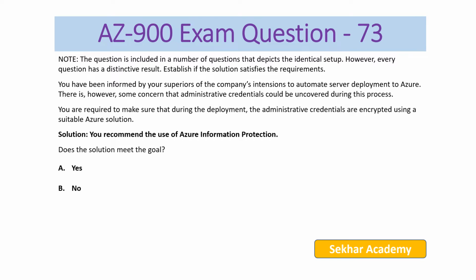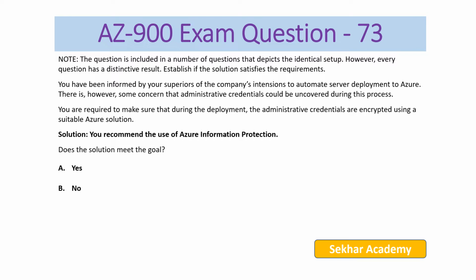There is, however, some concern that administrative credentials could be uncovered during this process. You are required to make sure that during the deployment, the administrative credentials are encrypted using a suitable Azure solution. The solution is here: you recommend the use of Azure Information Protection. Does the solution meet the goal?